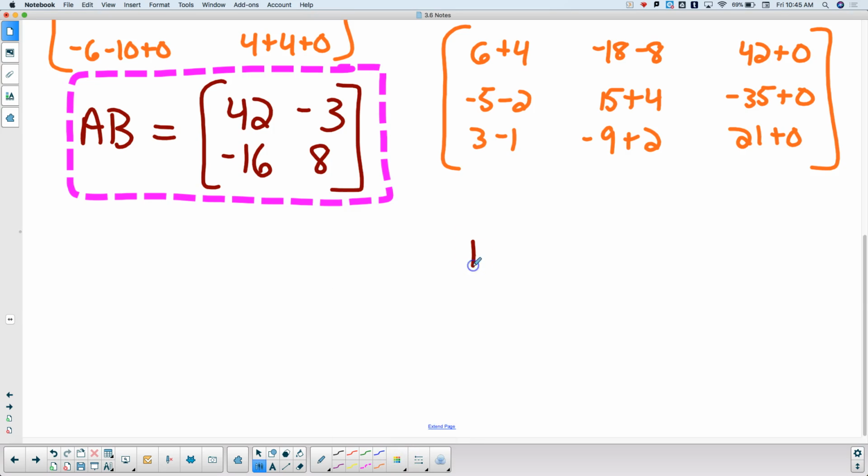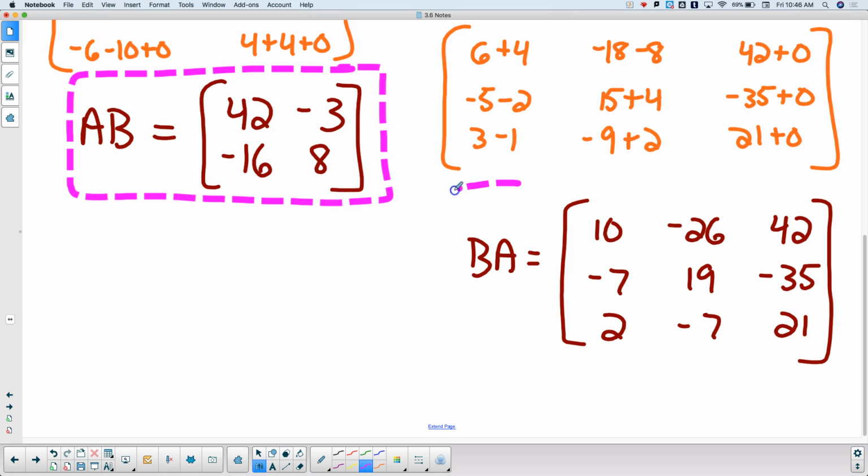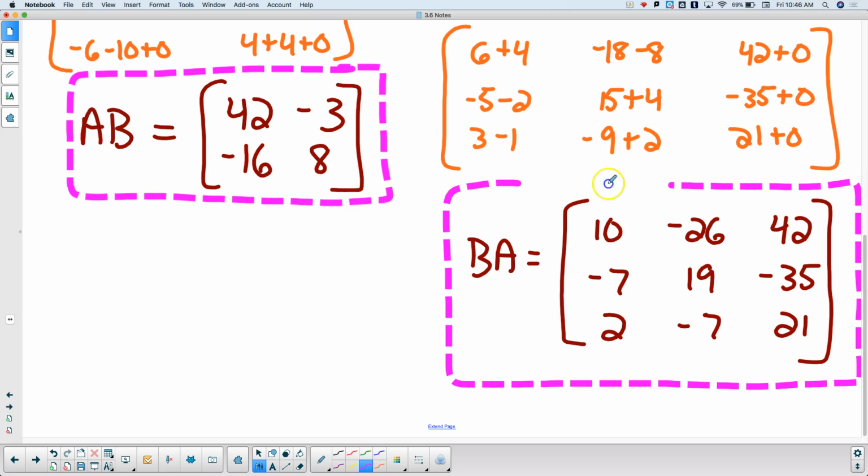So BA is going to be a 3 by 3 matrix: 10, negative 26, 42, negative 7, 19, negative 35, 2, negative 7, 21. Yep.